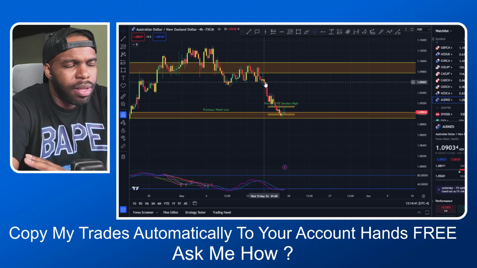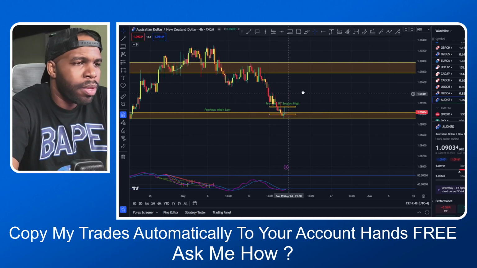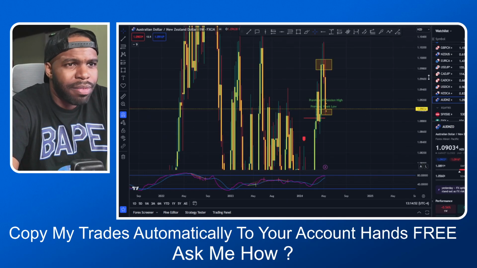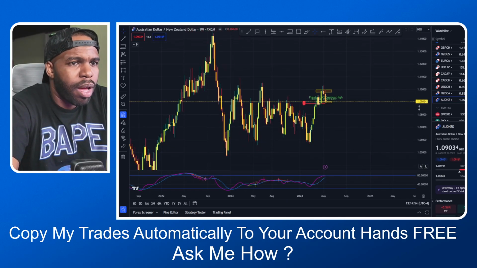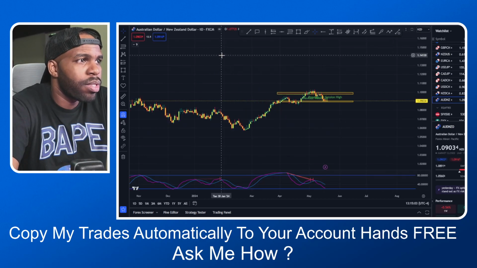So the weekly and the 4 hour are telling us that we should be selling. The daily is telling us to buy, but overall, you want to go with the higher time frame. So I believe that we could be going back down to the downside. We'll see.